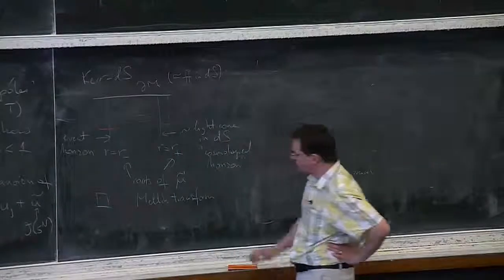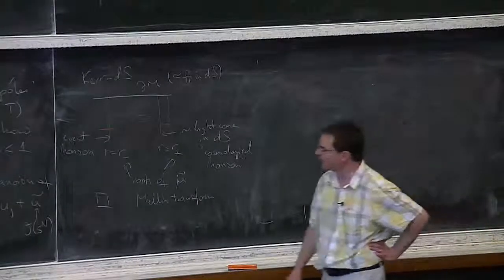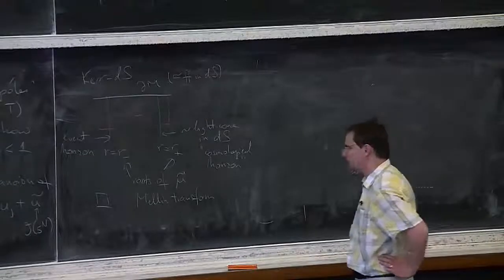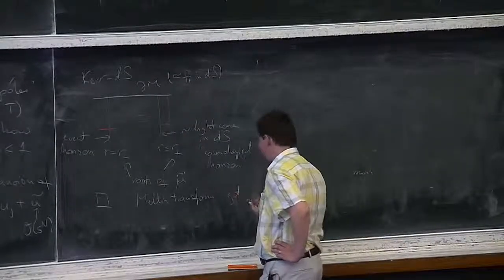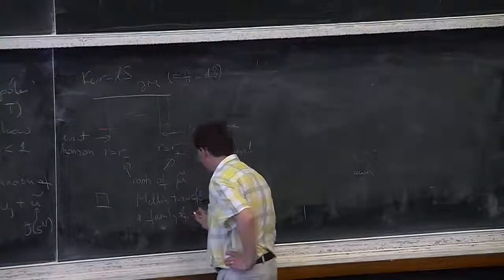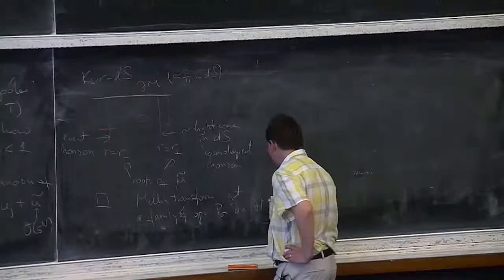And again, if it weren't invariant, you would have to use what I erased over there. You get an operator on the boundary, or family of operators. Let's call it P sigma on the boundary.